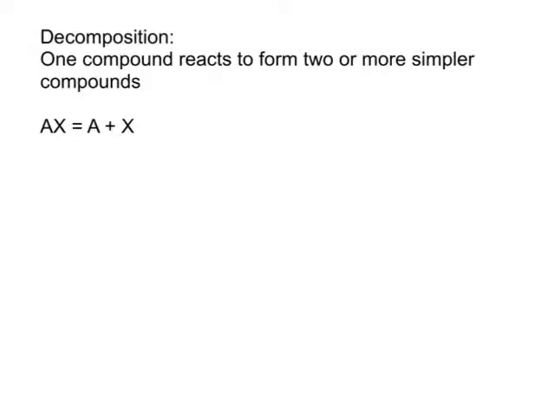It could be a compound that decomposes not just into 2 elements but into 2 slightly simpler compounds. We can see that with an example here. This is calcium carbonate, and it doesn't decompose into calcium carbonate and oxygen, but it decomposes into calcium oxide and carbon dioxide. So the key identifier is one thing on the reactant side and more than one thing on the product side.